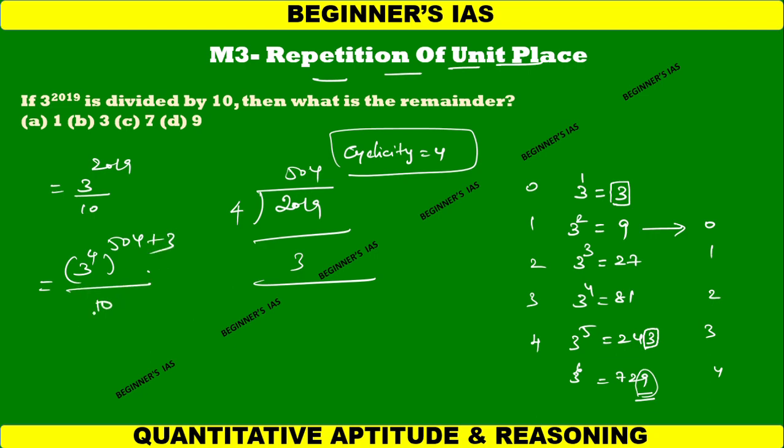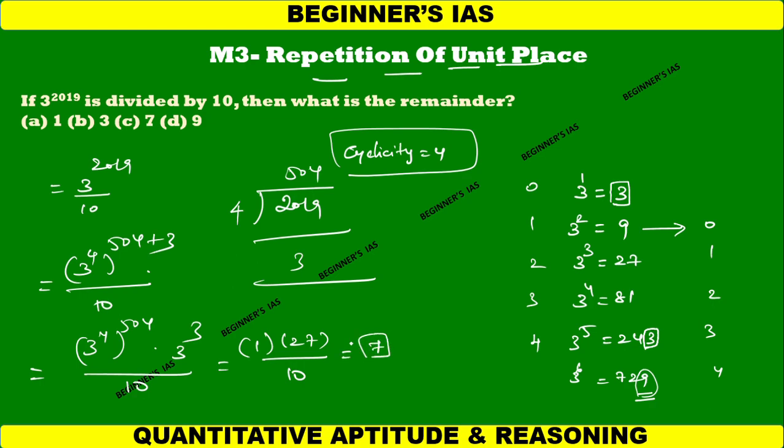In the next step we will split. Now 3 power 4 to any power leaves remainder 1. Just splitting this, divisible by 10, this leaves remainder 1. 3 cube is 27, divisible by 10, which leaves remainder 7. Therefore, in all the cases, we are getting the same answer: C is equal to 7.